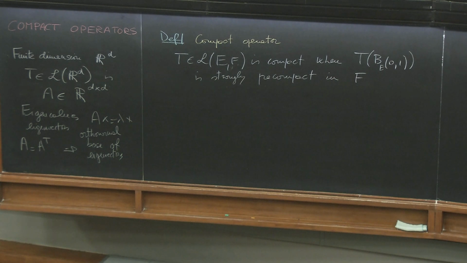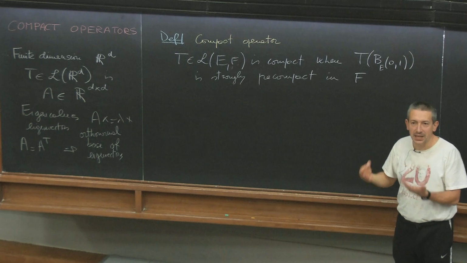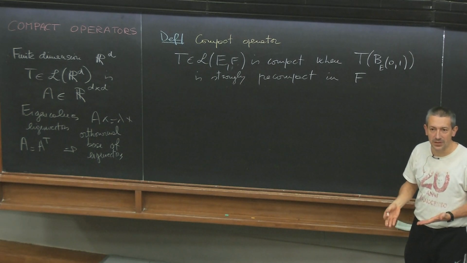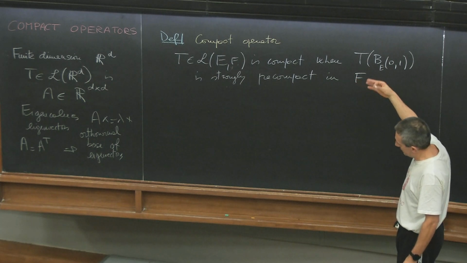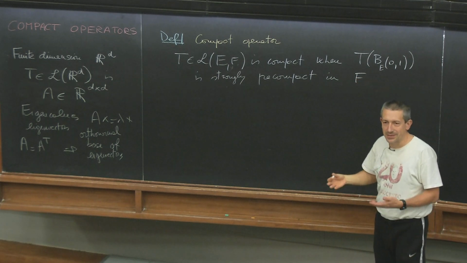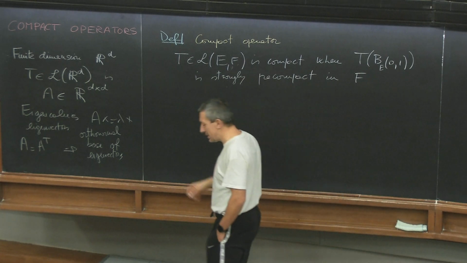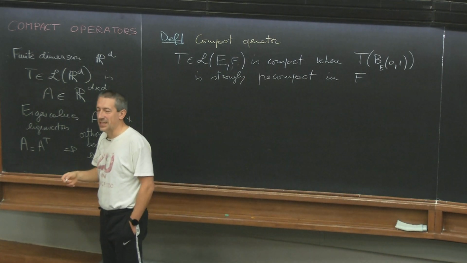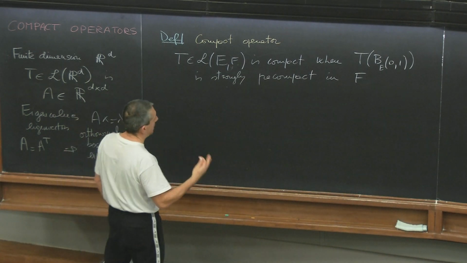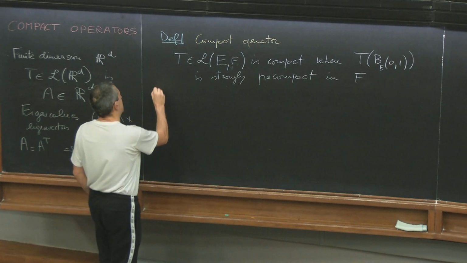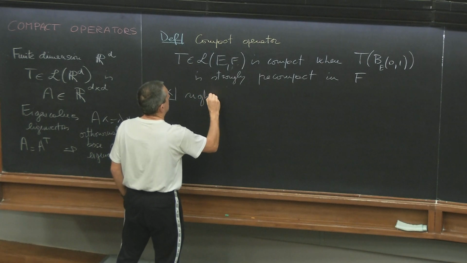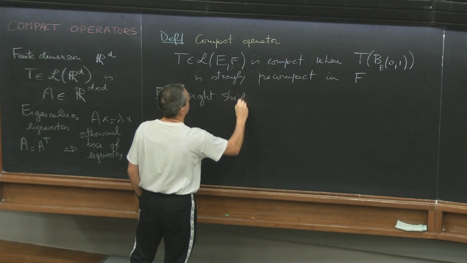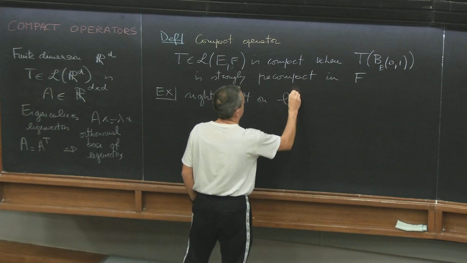So the observation is that in finite dimensional space, every bounded operator is compact, while in the infinite dimensional case, not every bounded operator is compact. The example that is very interesting in this case is the right shift on L2.